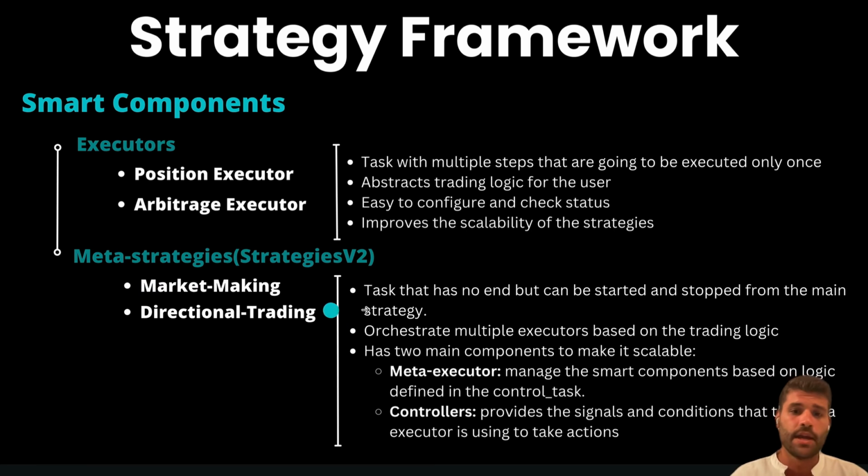And what they are, tasks that don't have an end, but they can be started and stopped in the main strategy. In a while you are going to understand how you can do this. But just think about this. Imagine that the market is very volatile and you think that it's going to keep in that range for a lot of time.